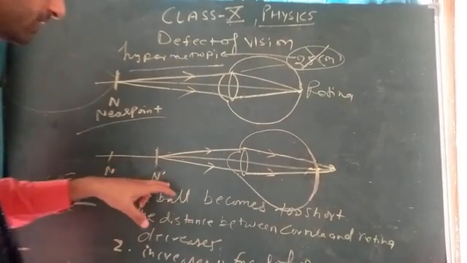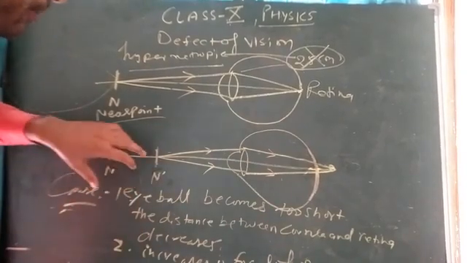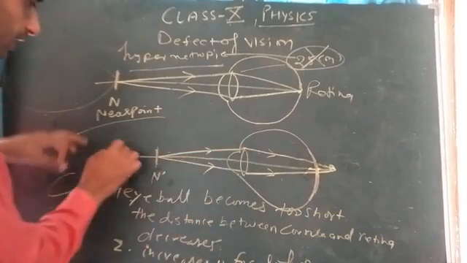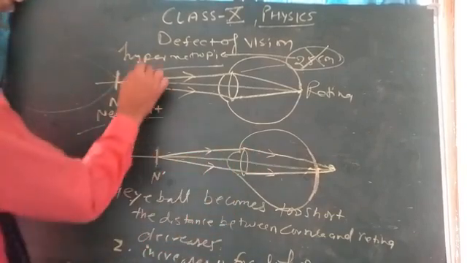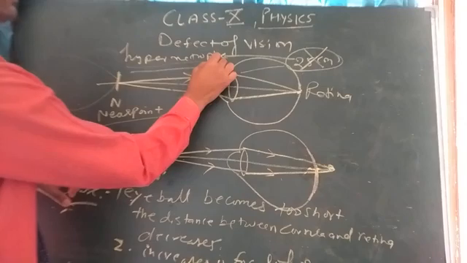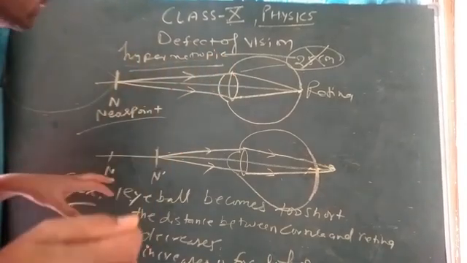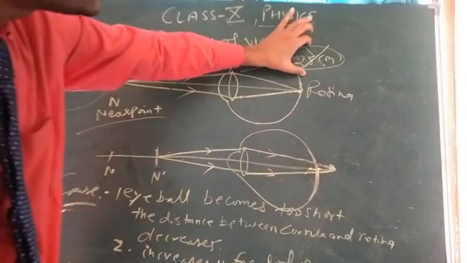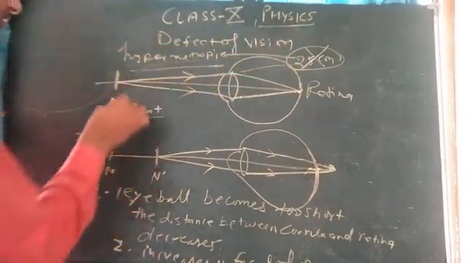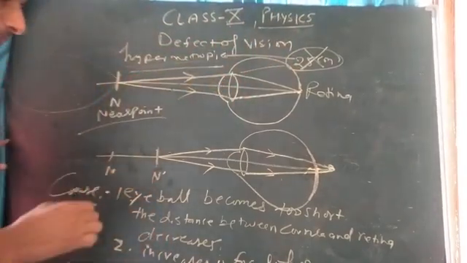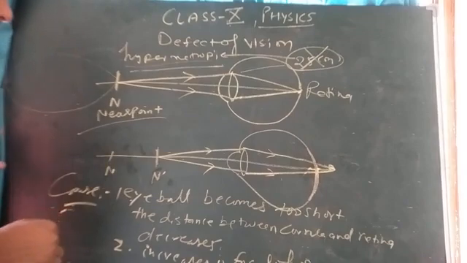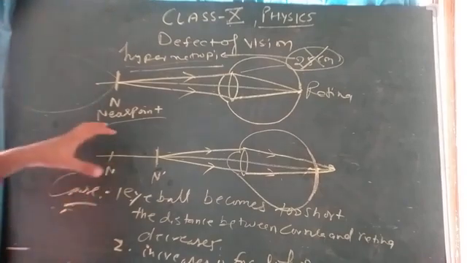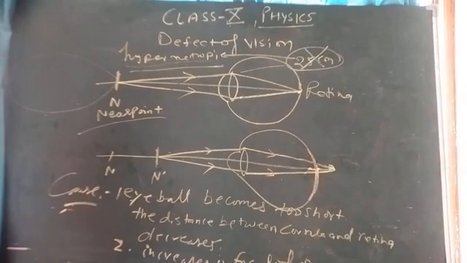This is N dash, a point between the eye and the near point for the hypermetropic eye. And as I have discussed, for a hypermetropic eye the near point is not 25, it is shifted to a new point. Okay, so this is the hypermetropia defect.